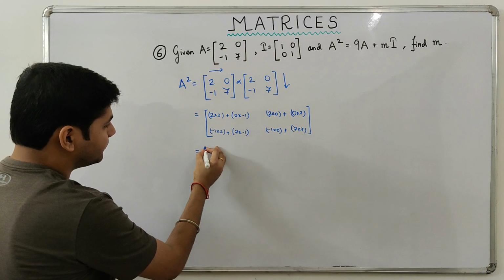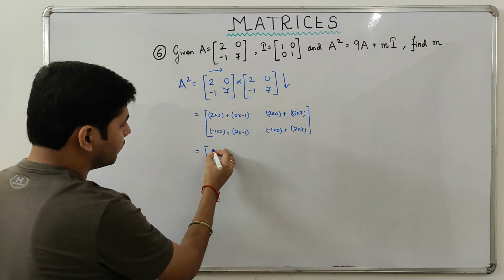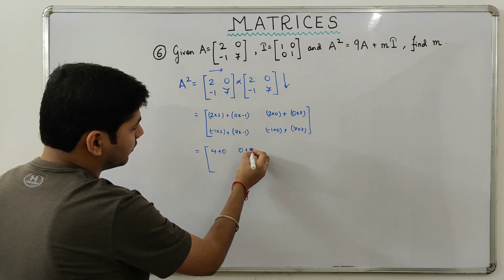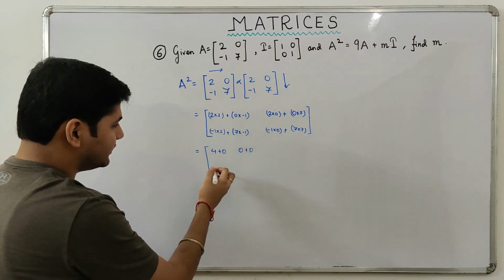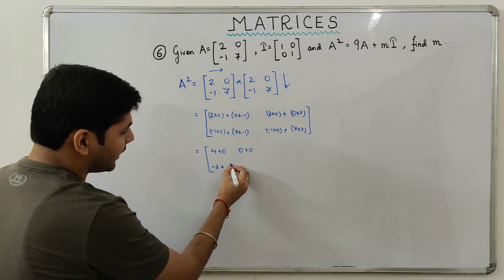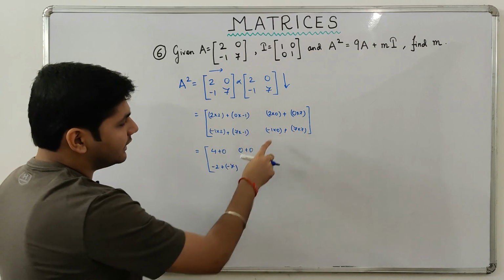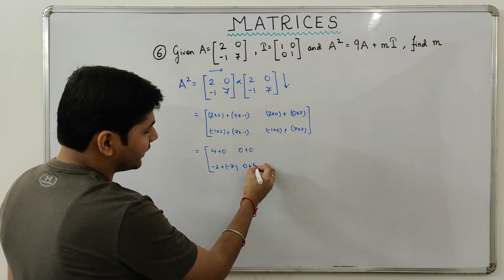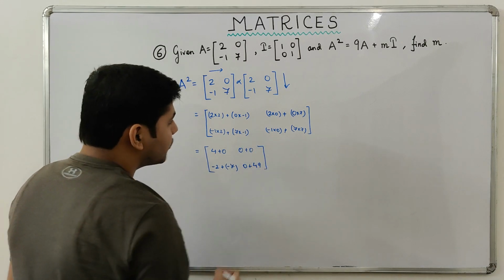So what we will get? 4 plus 0, 0 plus 0, minus 1 into 2, that's minus 2, plus 7 into minus 1, that's minus 7, and then minus 1 into 0, that's 0, plus 7 sevens are 49. So what do we get?